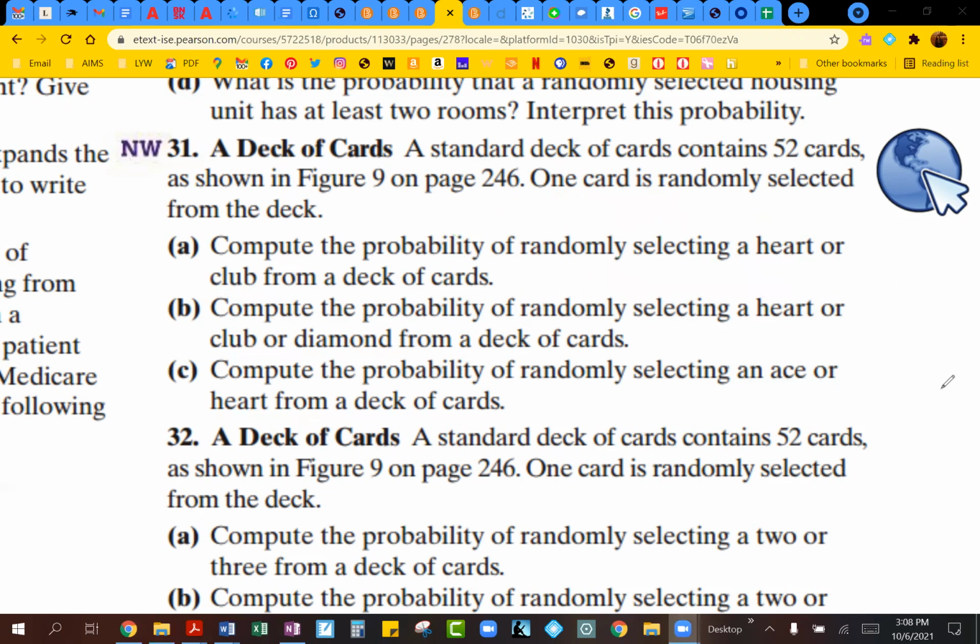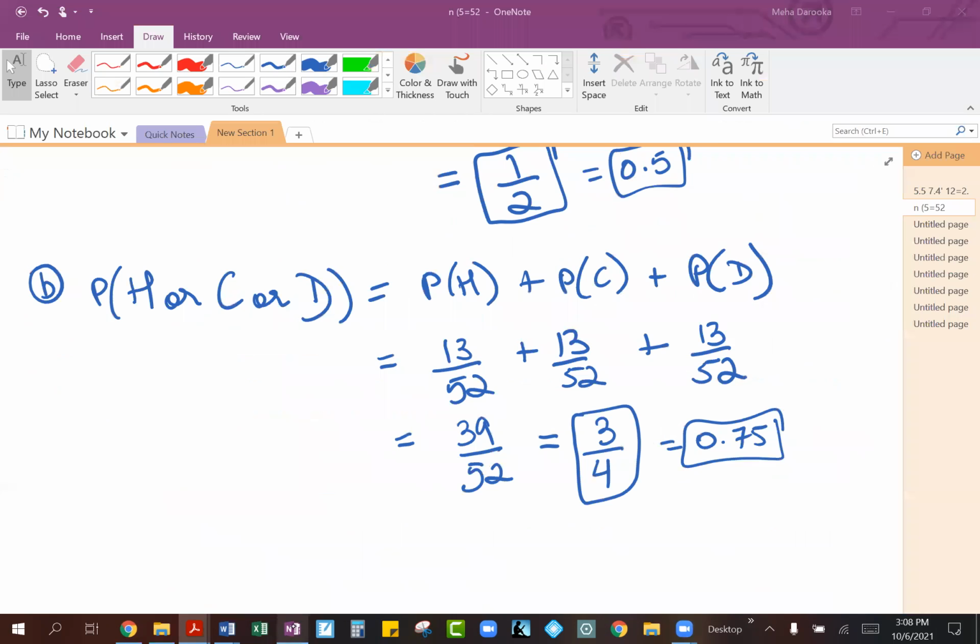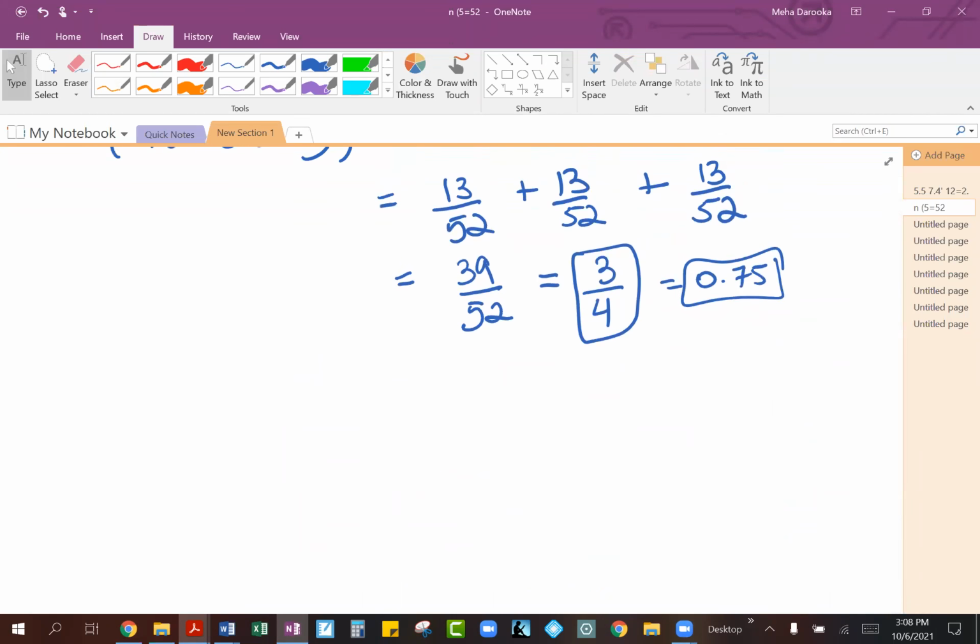So I'm actually going to clear this out so we can see a little bit better over here. And let's get down to this guy. Part C, they want to know what's the probability that our card will be an ace or a heart.